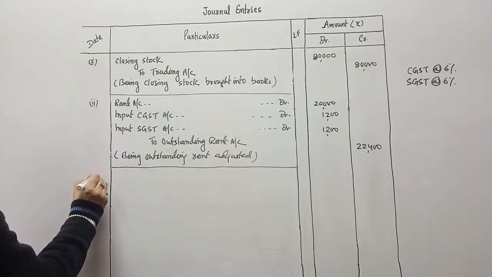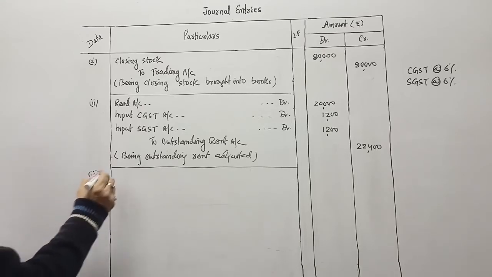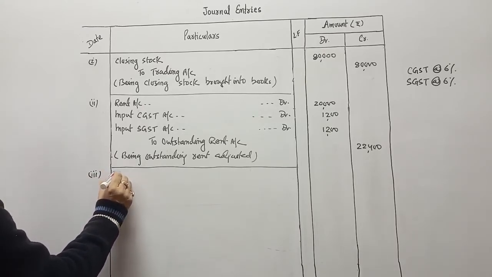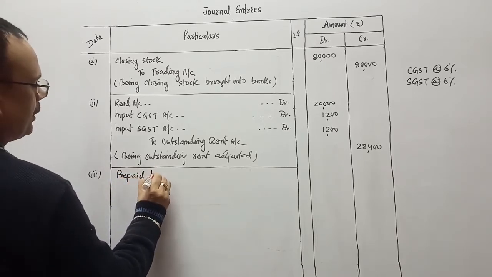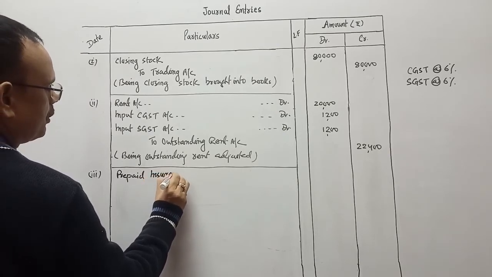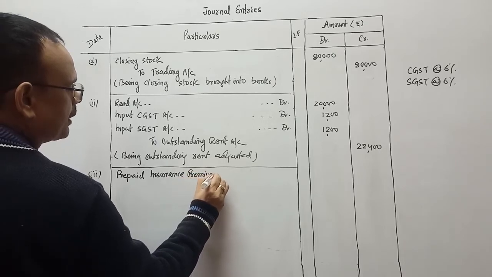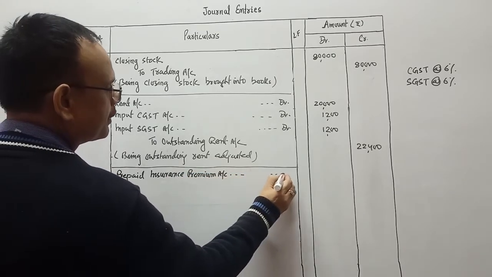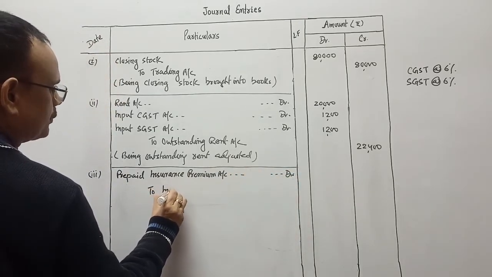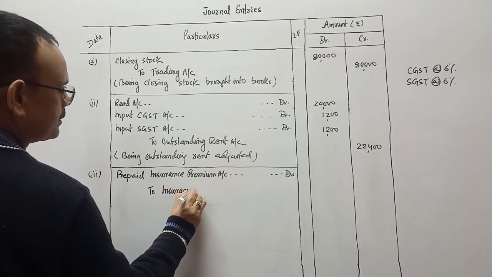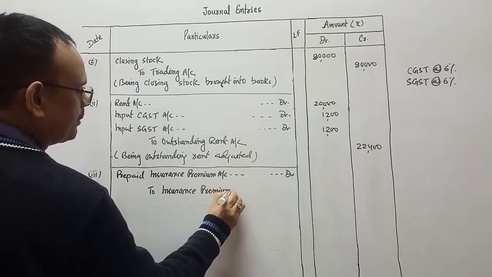So third number is very simple. Third number is insurance premium paid in advance. So prepaid insurance premium account debit to insurance premium account.